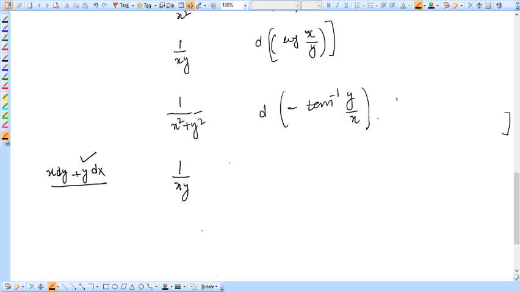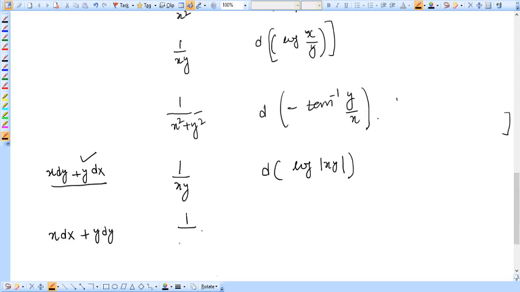So here you see, if we multiply it by 1 over xy, it still remains an exact differential equation, and it becomes equal to the differential of log xy. Also, you see, this is another equation, x dx plus y dy.